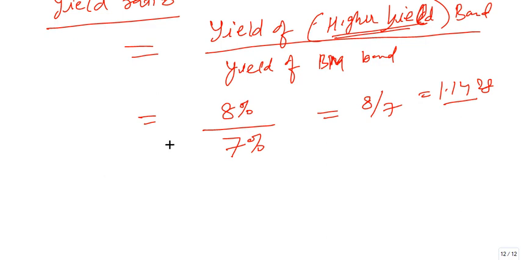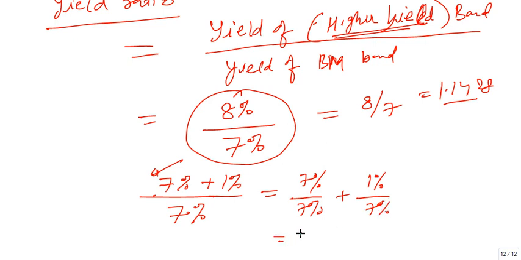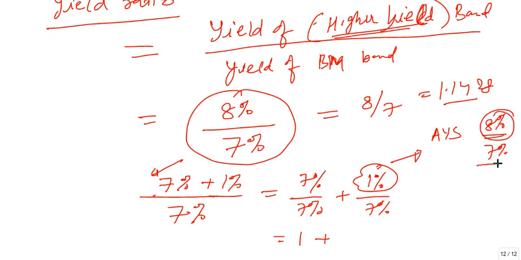Now this yield ratio can be further simplified. Please see over here. This 8 by 7, we can write as 7% plus 1%, and then we can write it as 7% divided by 7% plus 1% divided by 7%. So this will become 1. Note that this 1% is nothing but the absolute yield spread. Remember, absolute yield spread is 8% of the General Motors bond minus 7% of the benchmark bond, so the difference is 1%.